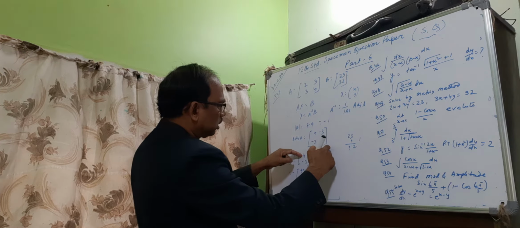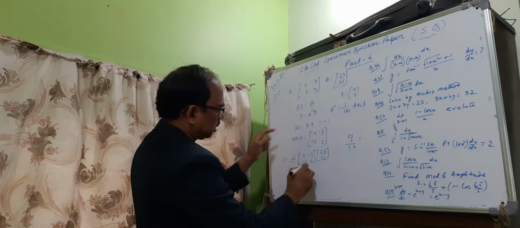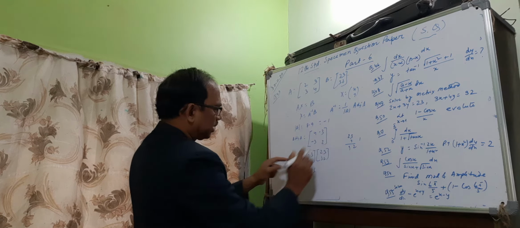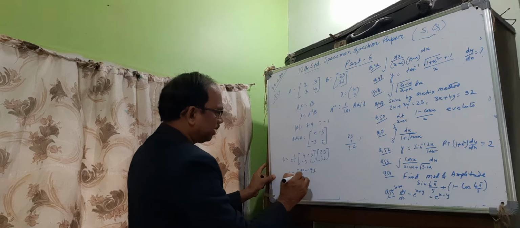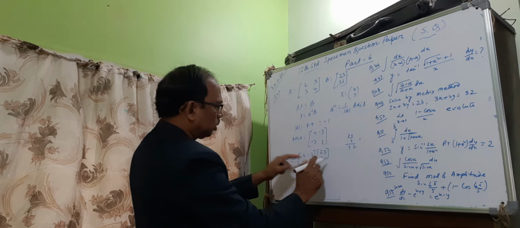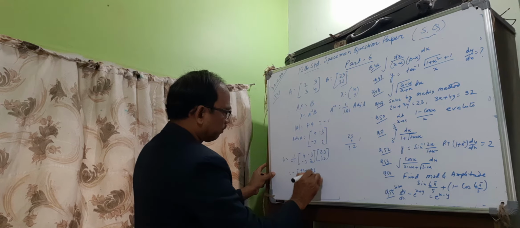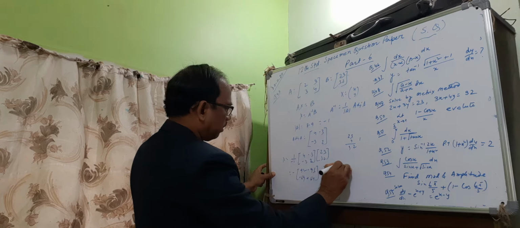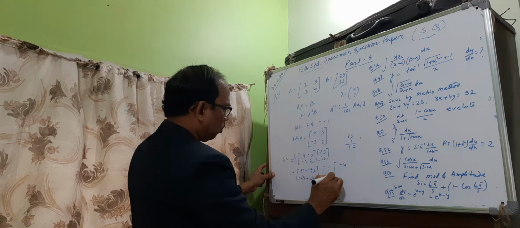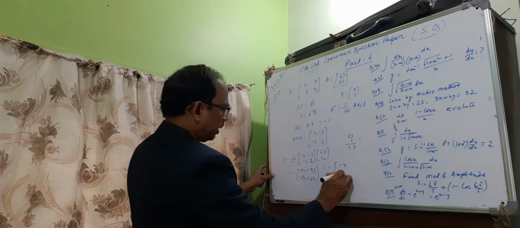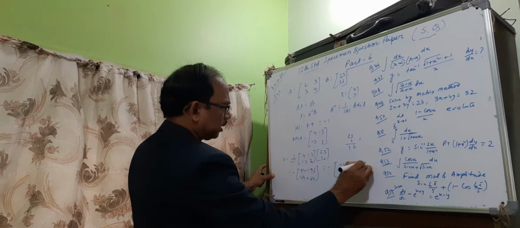This into this plus this into this, minus 96. This into this, 69 minus 69. This into this plus this into this plus 64 equals minus 4, minus 5, that is 4, 5.